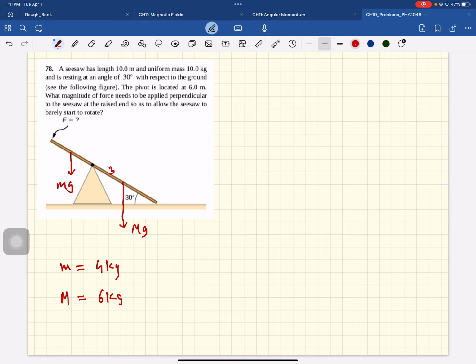This is 3 meters, that's 2 meters. And the moment arm is, again, that is 30 degrees. So moment arm is, this is 2 cosine 30. And the moment arm here, this is 3 cosine 30.